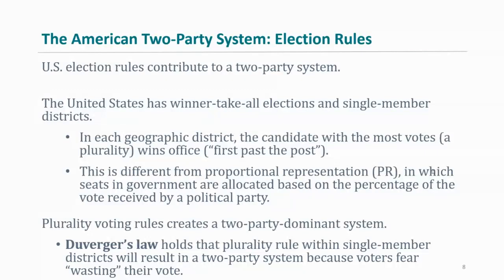Now, plurality voting rules create a two-party dominant system. Duverger's law holds that plurality rule within single member districts will result in a two-party system because voters fear wasting their vote, right? Since you only have two viable parties, they're going to feel like they have to go with the lesser of two evils, so to speak.